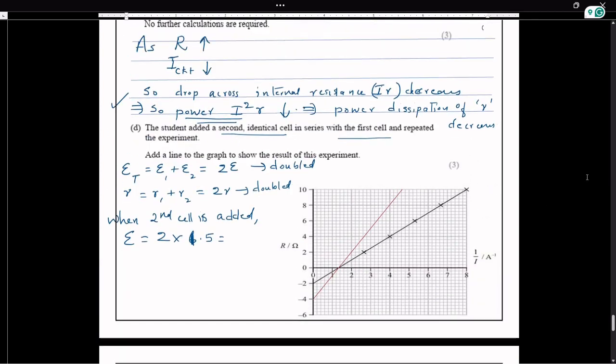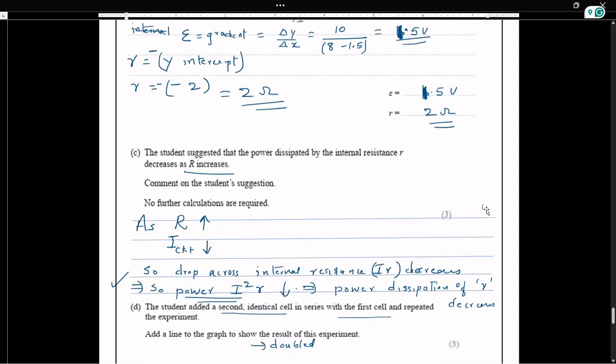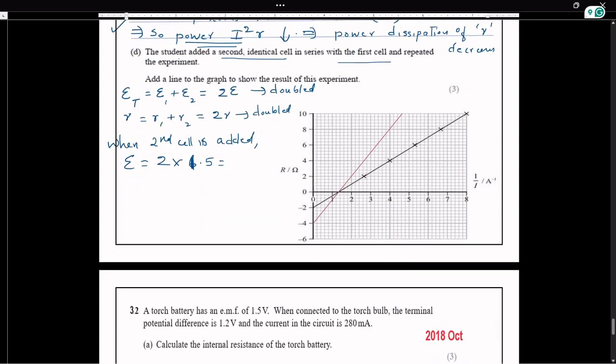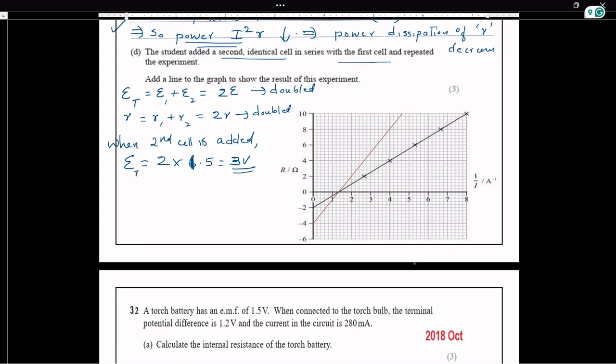Let us check the answer for that one. The answer is 1.5. So the EMF total now is 3 volt.